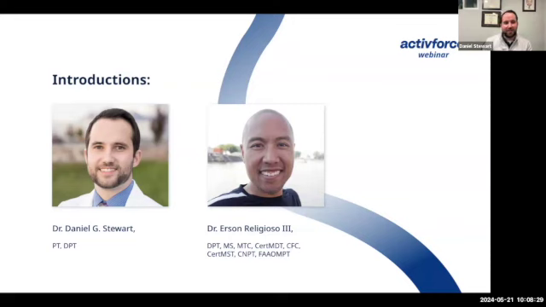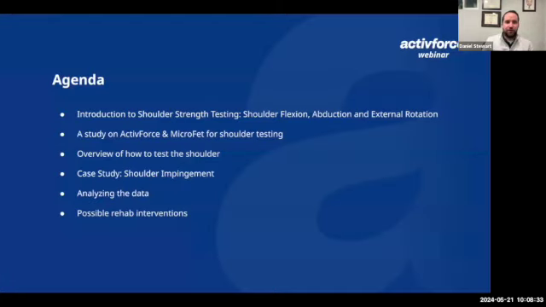Awesome. Love it. Well, following that train, I think we introduced really briefly what we're talking about today. The agenda for today is we'll go over a study on the ActivForce and the microFET that was done to test the reliability and validity of the two devices, right?